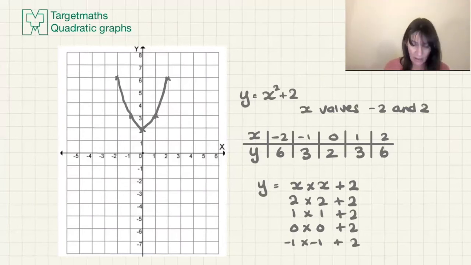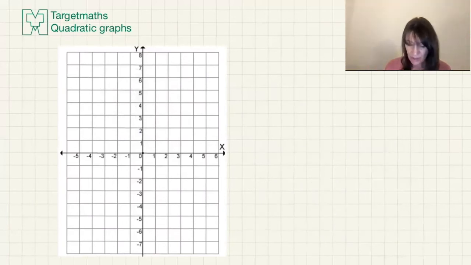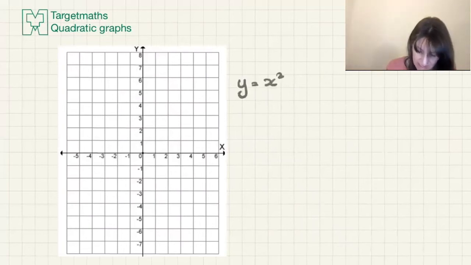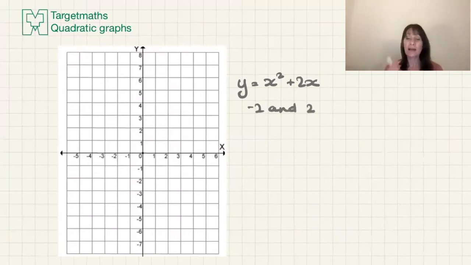Okay, we are going to step it up now. And we're going to do y equals x squared plus 2x. Again, we're going to do it between minus 2 and 2. And you are already good at this because you did the session with substitution. We've already practiced this skill earlier in the course.